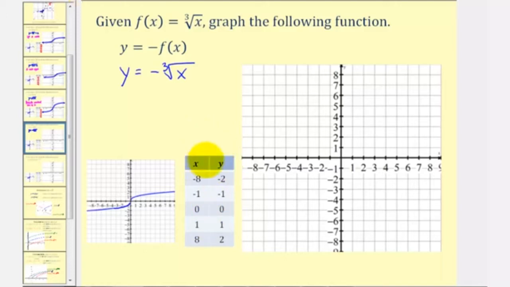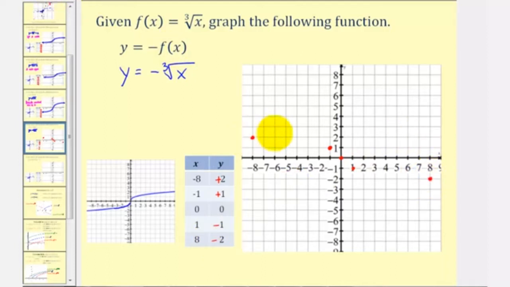So this y coordinate would become positive 2. This would be positive 1, 0, negative 1, and negative 2. Let's go ahead and plot these 5 points. So negative 8, positive 2, negative 1, comma 1, 0, 0, 1, negative 1, and 8, negative 2, which is here.